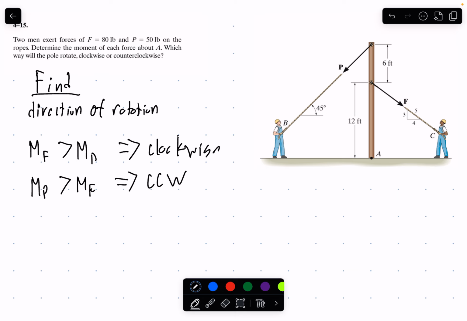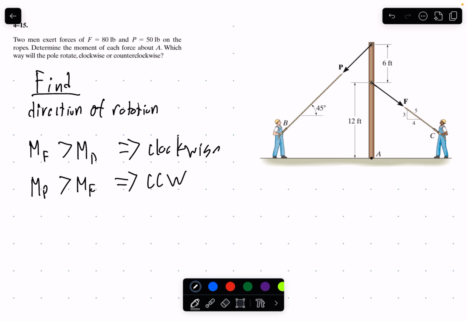So we have point A. It's the people labeled by B and C, but that's all right. We know this is going to be 12 feet right here, and this is going to be 6 feet right here.